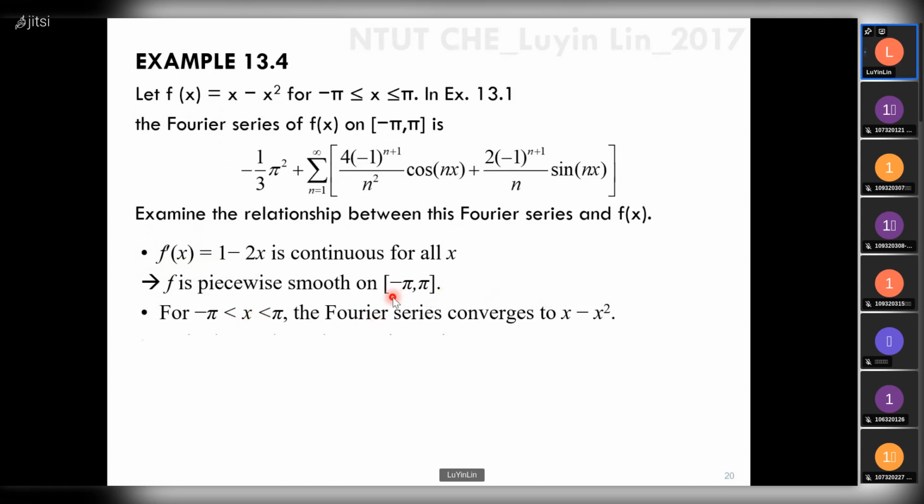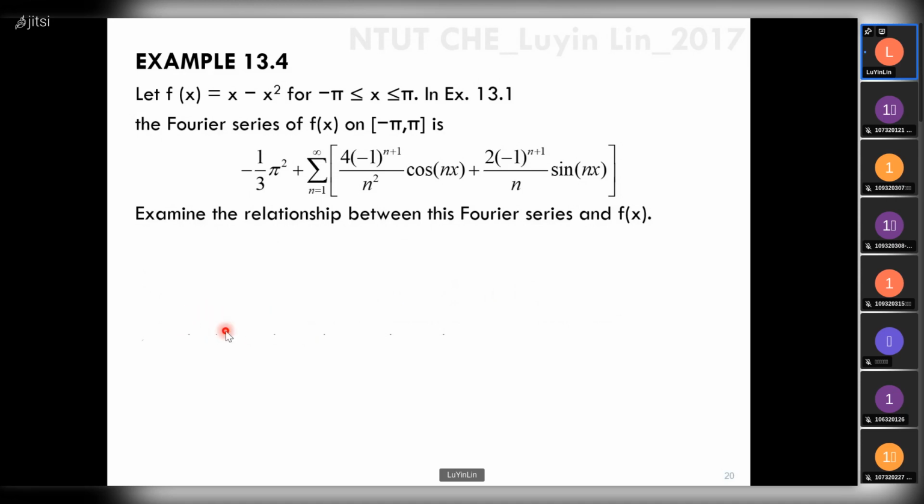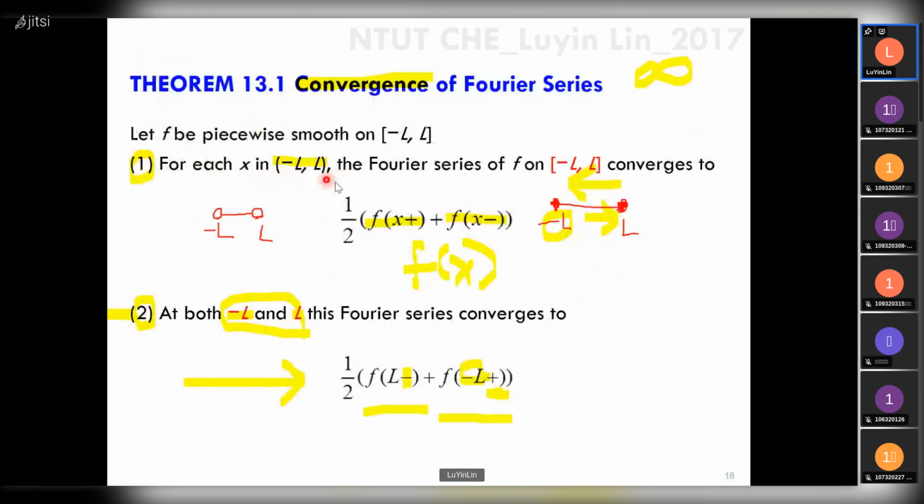The range is from minus pi to pi. First you see this, no equal sign here. x is larger than minus pi, smaller than pi, no equal sign here. So remember this range is this range.